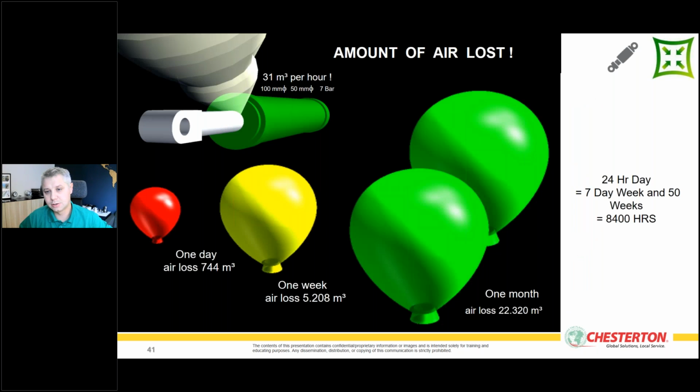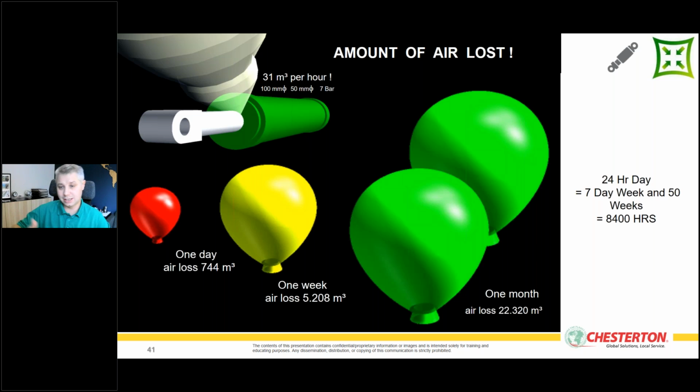How much is that? We can see it in these balloons. Just imagine that in this kind of cylinder, the leakage is here, and it's a very small hole. In the medium size, like here we have a 100 by 50 millimeter piston and rod, we can lose something like 31 cubic meters per hour. What does it mean?